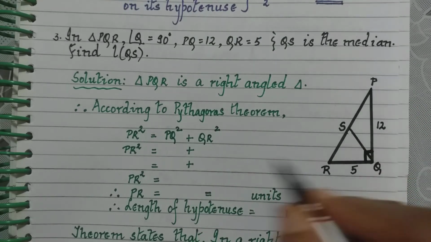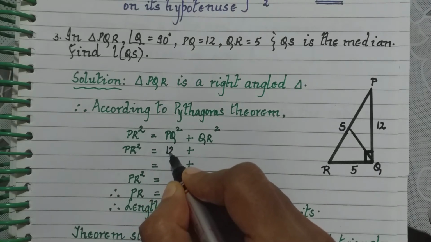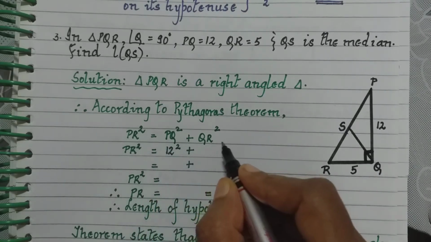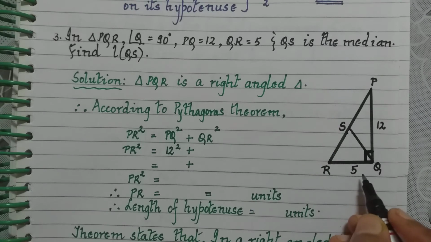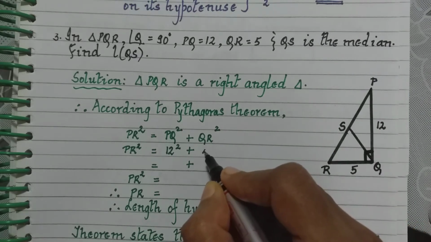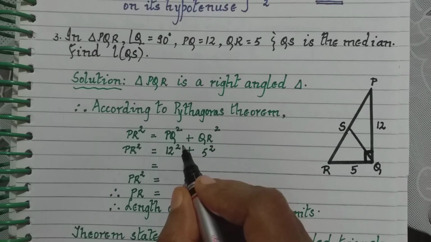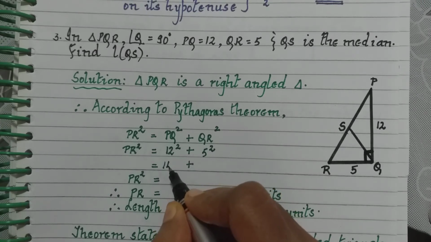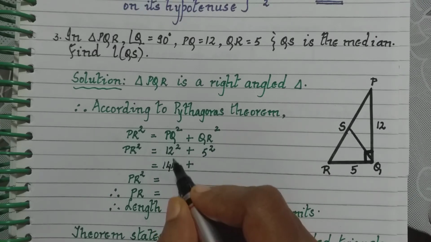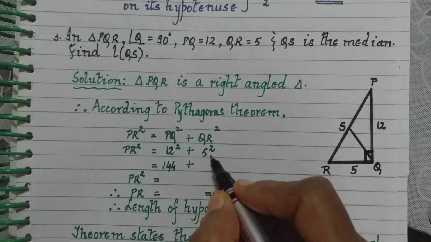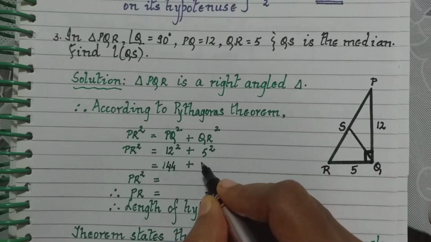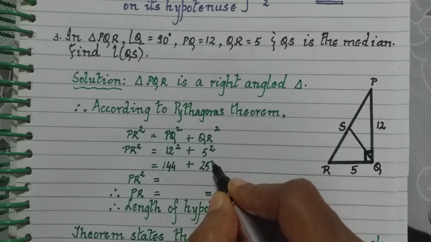It is 12. So here I have 12 square. What is QR? It is 5. So I have here 5 square. And what is 12 square? It is 144. 12 into 12 is 144. What is 5 square? It is 25.